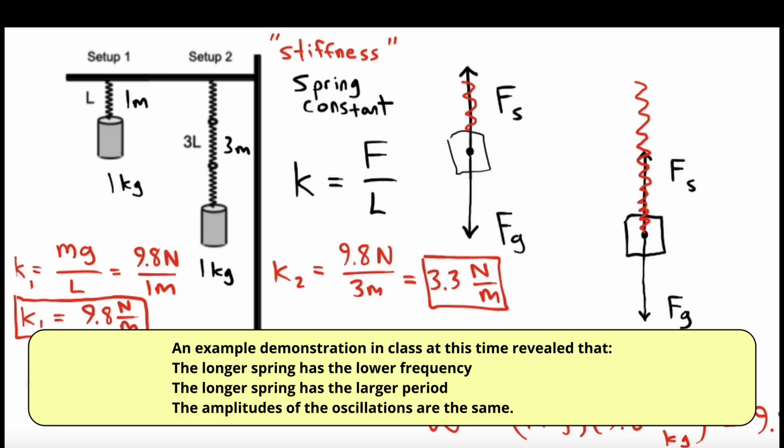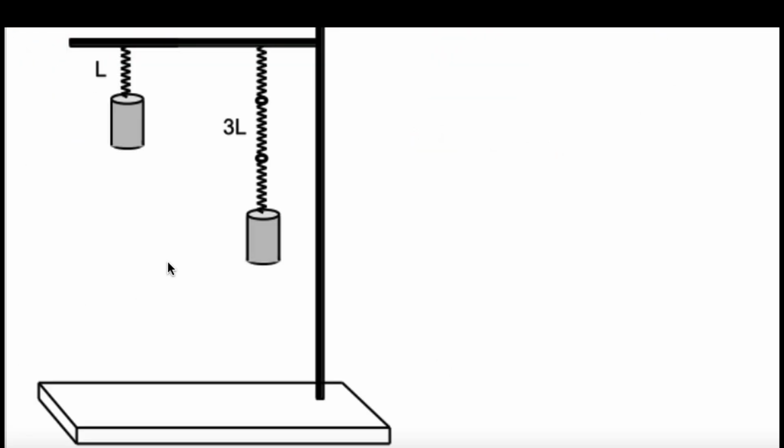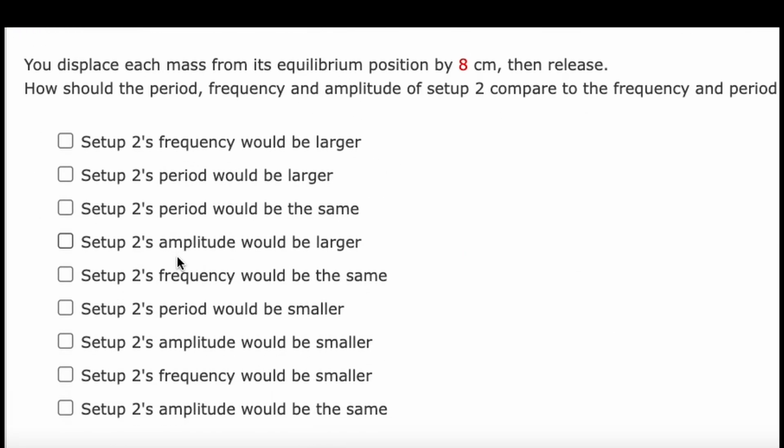So that answers that. We'll check the boxes. You have to put that the frequency of setup 2 will be lower. The period of setup 2 would be longer. And also the amplitudes of them would be the same.